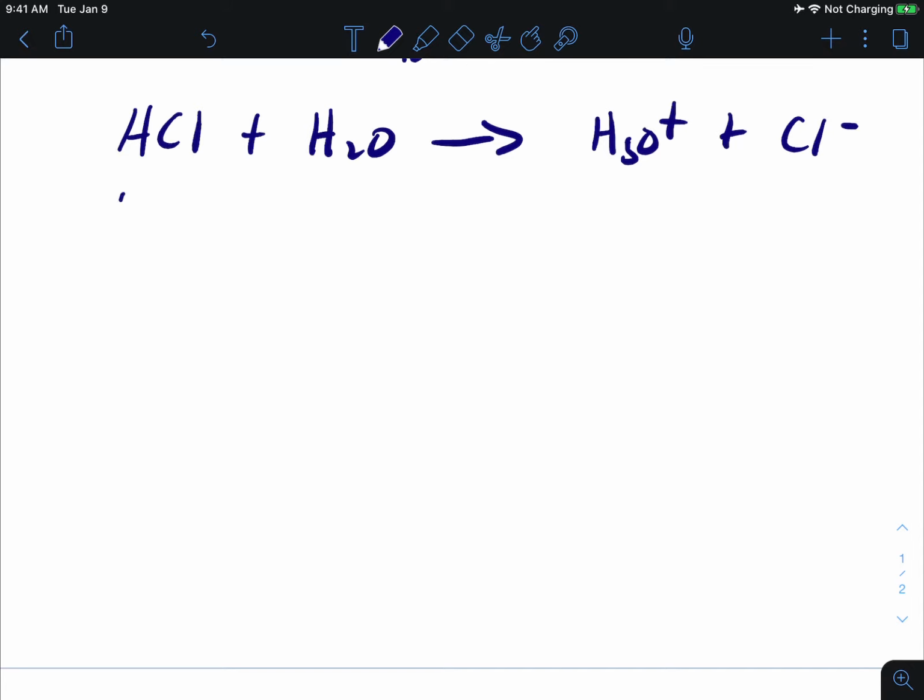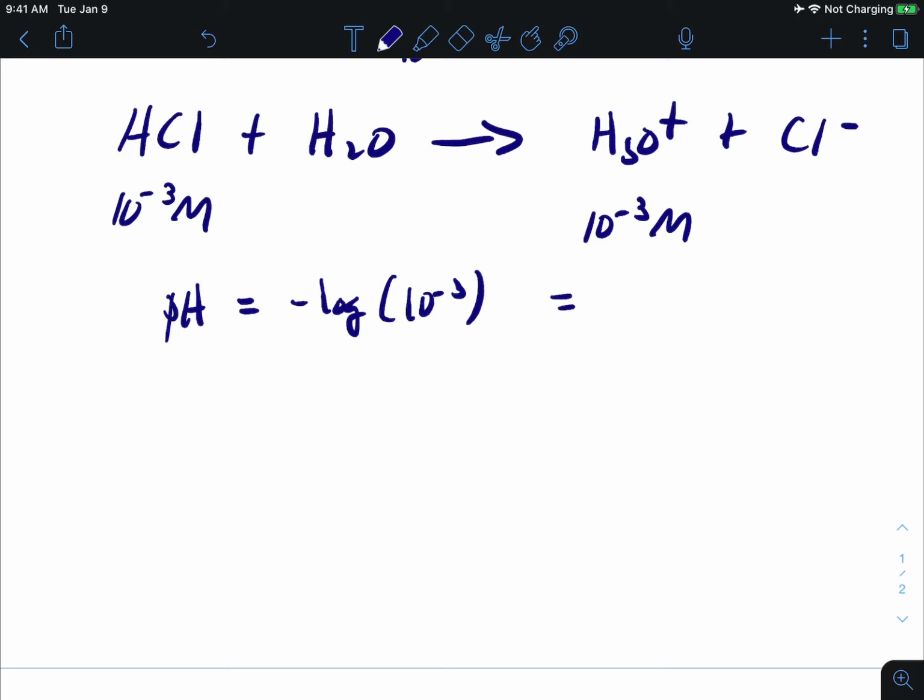If I start out with a 10 to the minus 3 molar solution of HCl, I will wind up with 10 to the minus 3 molar of H3O positive, which ultimately means the pH is simply going to equal the negative log of your initial concentration. And you will have a pH of 3 solution there. That's the key to a strong acid, strong base. You don't need to do an ICE table. It is just the negative log of the concentration.